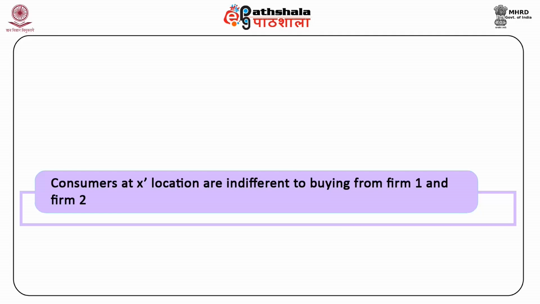Consumers located to the left of X', that is, x less than X', will have a strong preference to make a purchase from firm 1, whereas consumers to the right of X', that is, x greater than X', would strongly prefer to buy from firm 2.